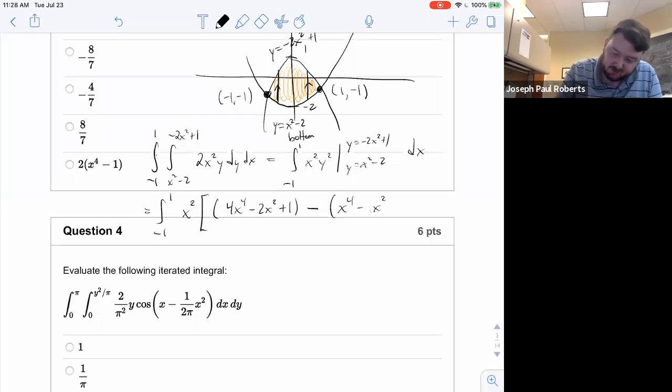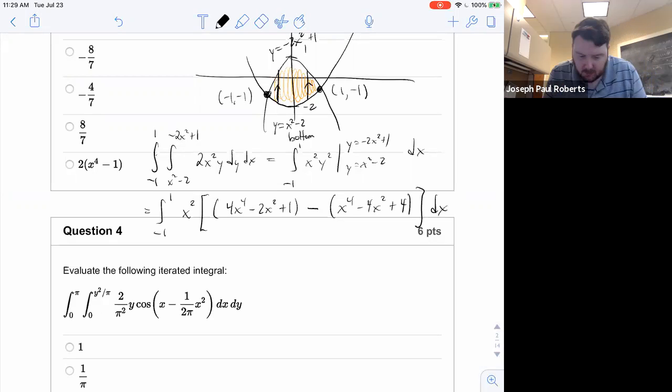So again, I'm writing 2 when I mean to be doing 4, and then plus 4. Let's make that look a little nicer. Okay, and I don't remember what I said, but this should be a 4 as well. Yeah, because 2 times minus 2x squared times 1 gives me that.